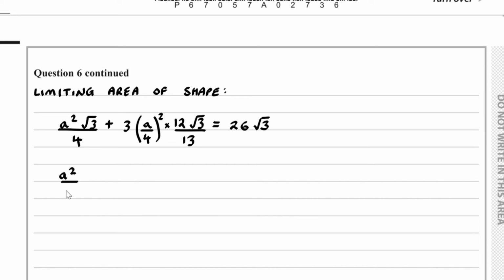a squared over 4 plus 3a squared over 16 multiplied by 12 over 13. This is equal to 26.